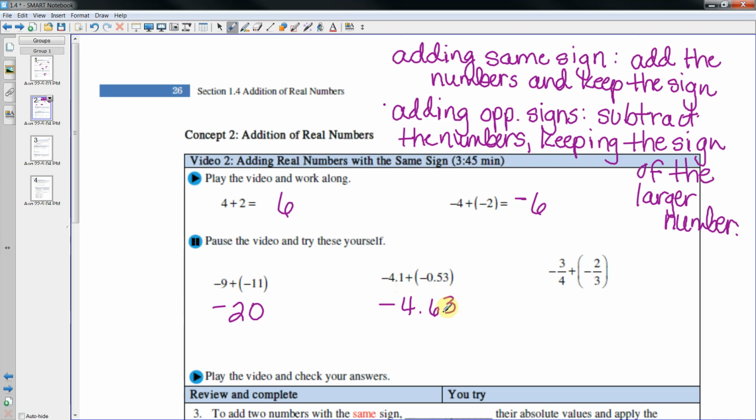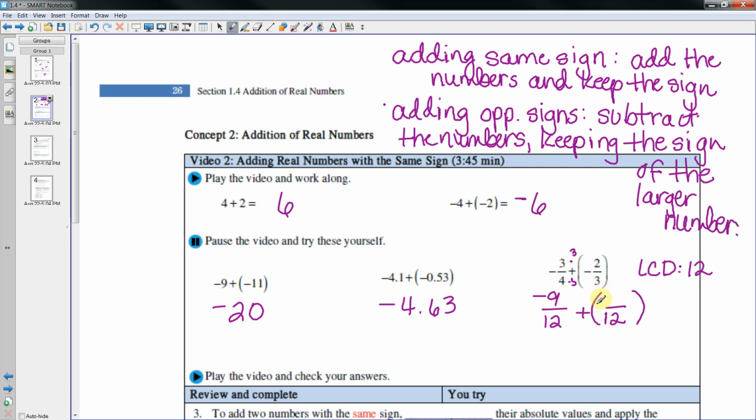Alright, here's our lovely fractions that I know y'all love so much. Let's practice fractions. These have different denominators. So my LCD for 4 and 3 is going to be 12 because 4 goes into 12, 3 goes into 12. So I'm going to put me a 12 down here for each of those. So 4 times 3 is 12. 3 times 3 is 9, and it's negative because it still stays negative.